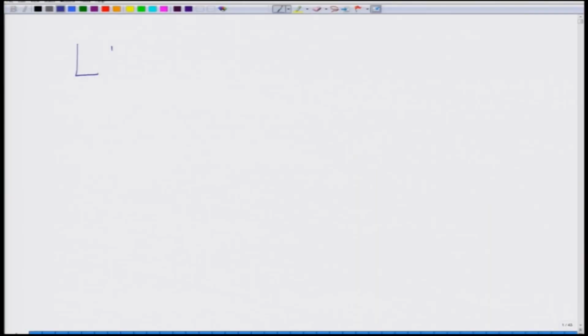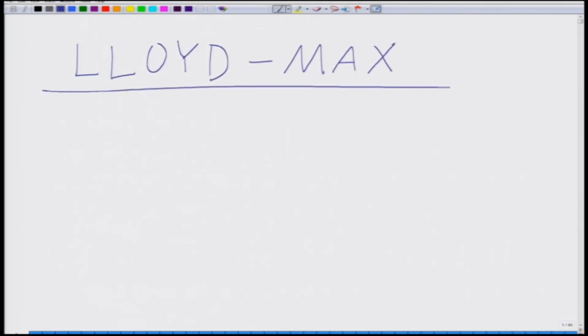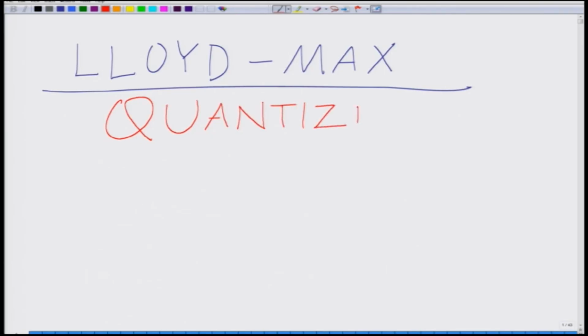In this module, let us look at a different algorithm for the design of a quantizer, which is termed a Lloyd max quantizer. The Lloyd max quantizer is really a scheme to design the optimal quantizer.